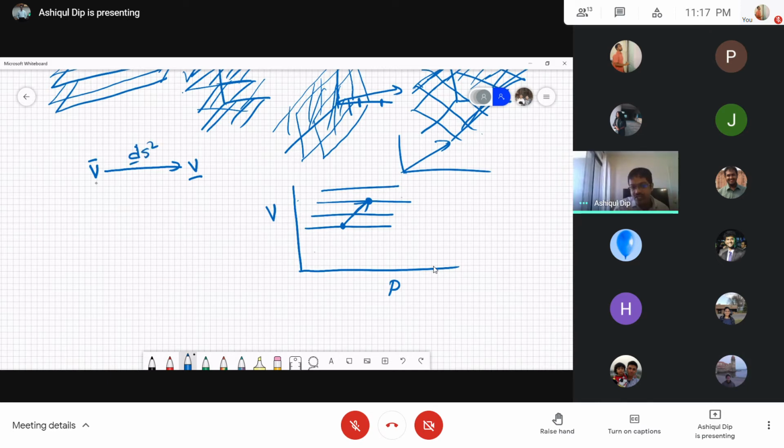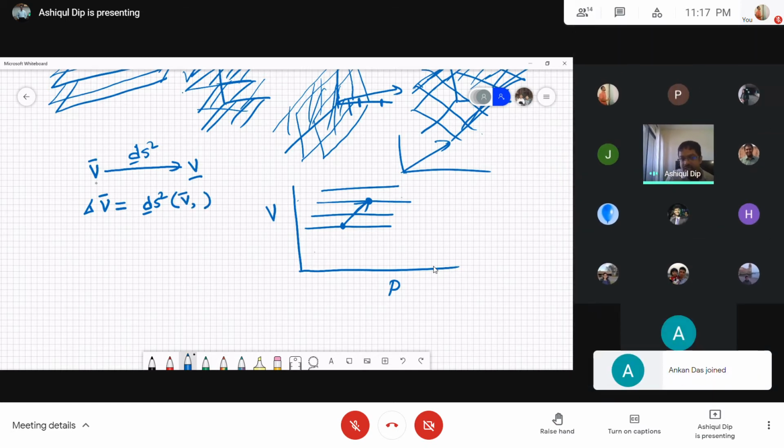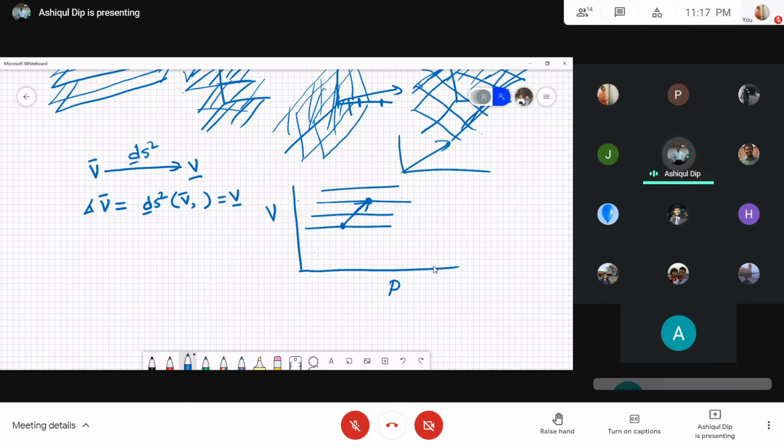We call it flatting. So flat of V is defined as: you take your metric tensor, supply your vector in one slot, and leave the other slot empty. That will give you V lower bar. That's the definition. That's how you change from your vector to the corresponding one form.